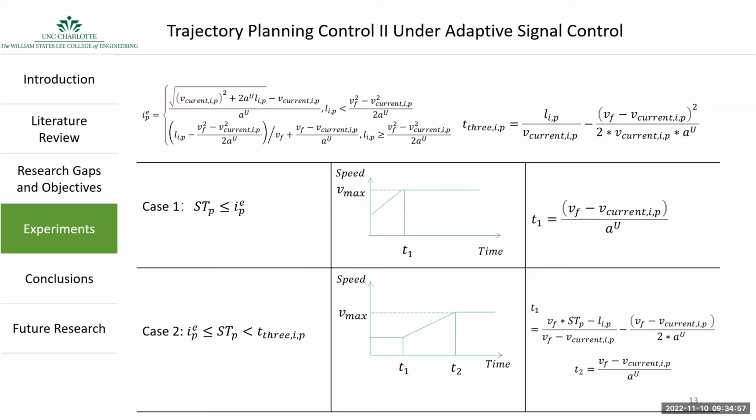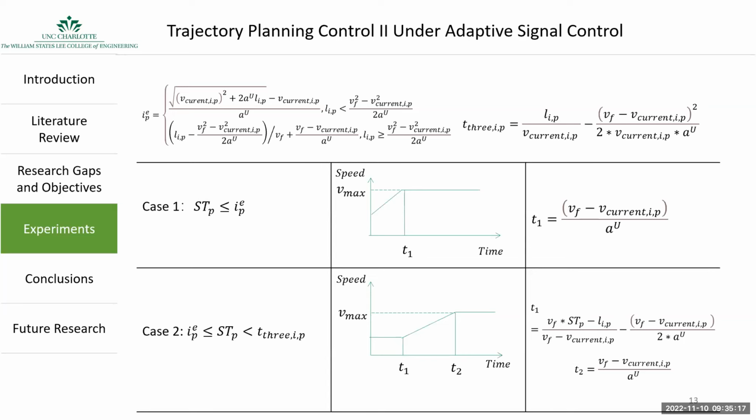As you can see, if you follow that thought, you can simply divide the different cases based on the relationship of the green start time and some threshold values. The first threshold value is the earliest possible travel time for the vehicle to arrive at the intersection.